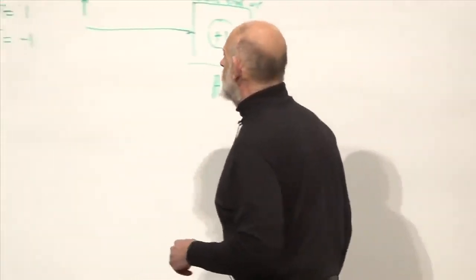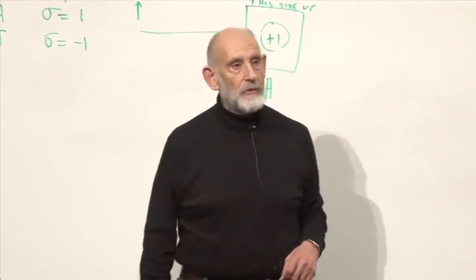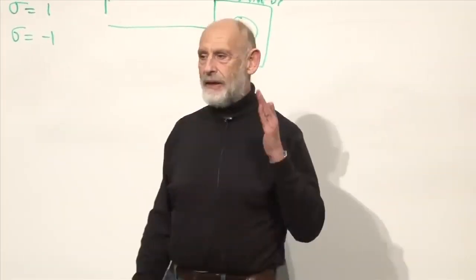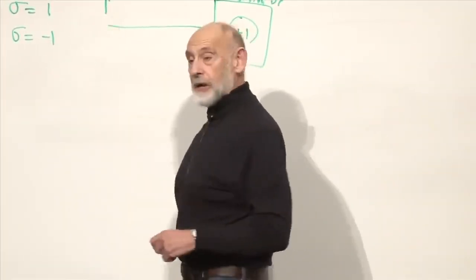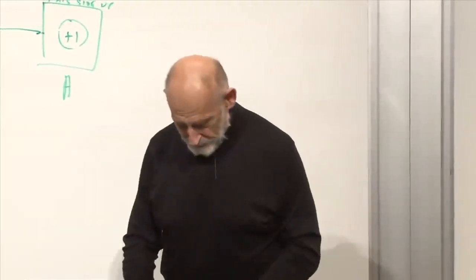So one can say it a little bit differently. The first experiment, instead of saying that it determined whether it was heads or tails, we can say it prepared it in a state, which was in this case heads. After the first detection, it's now known to be heads. It has been prepared in the state heads. We can do the experiment over and over and over again and always get the same answer.